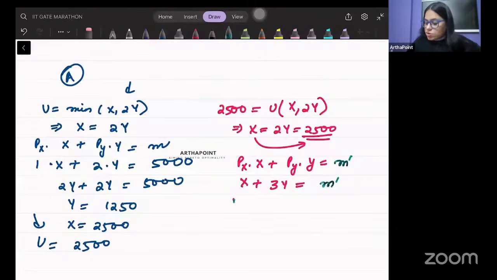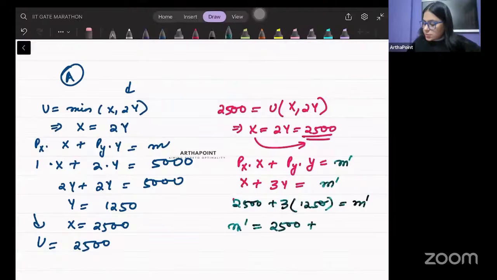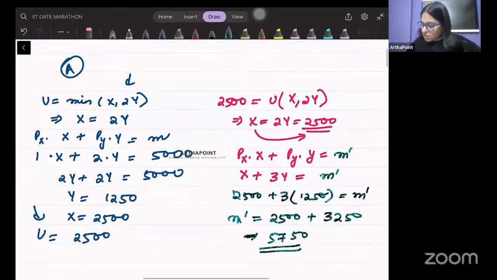X ka value is 2500 and Y ka value will be 1250. This will be M dash. So I will get my M dash as 2500 plus, how much will this be? This will be 3250. So it will be 5750. Just see the calculation if I've done it correctly.